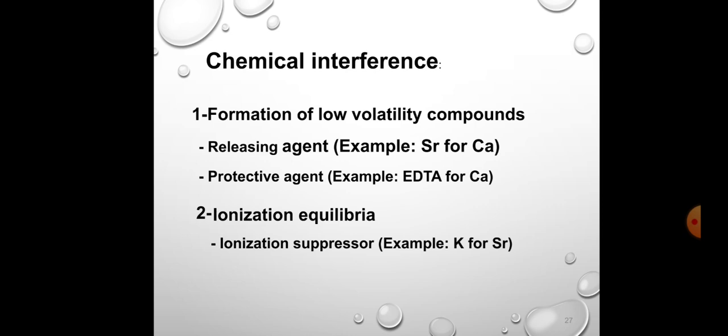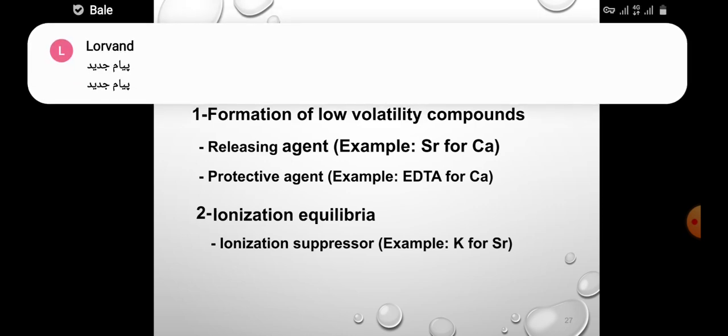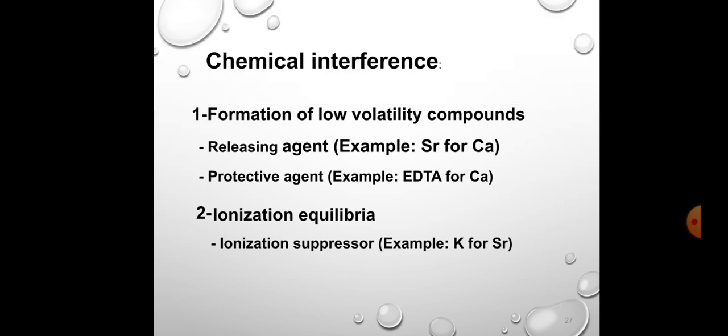But how can we overcome this problem? There are two methods. One method is using a releasing agent. For example, if you add some strontium to a calcium phosphate solution, strontium can make a compound, a molecule, with phosphate.